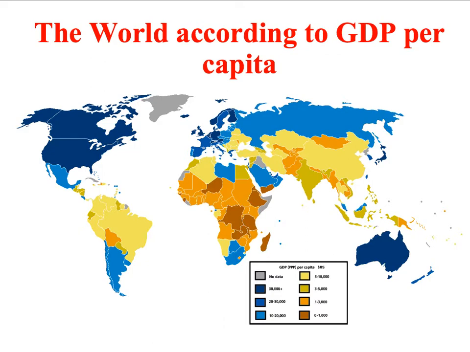And then the yellow and orangey colours are those countries that are less economically developed according to their GDP per capita. And we can see that one region of the world particularly stands out, sub-Saharan Africa, where you've got the highest concentration of countries that are less economically developed in terms of their GDP per capita.